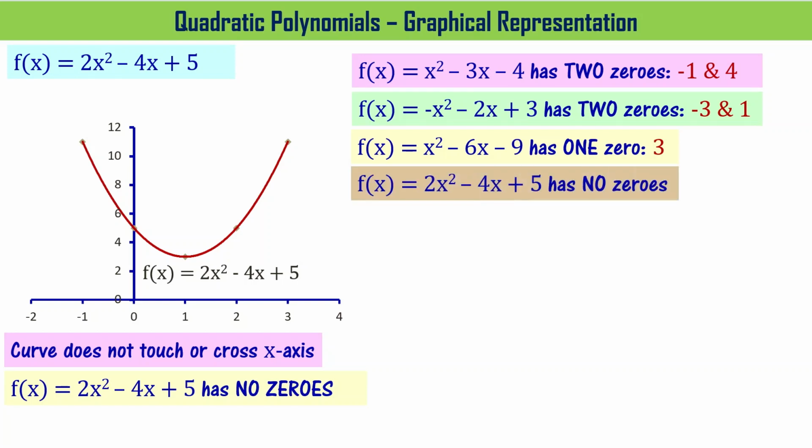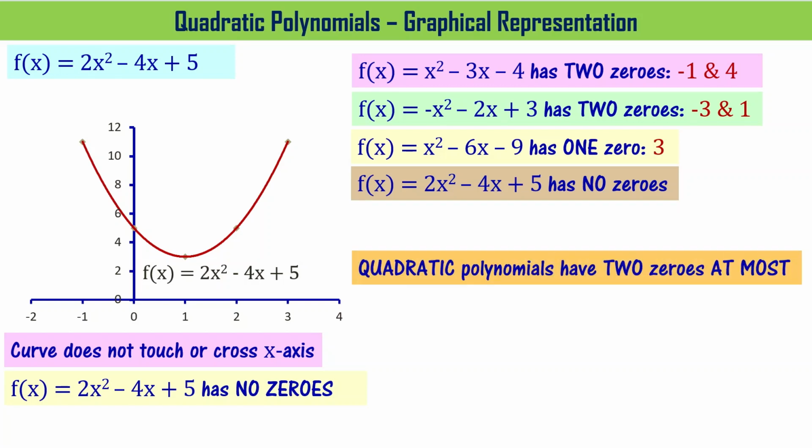And we have just seen that 2x square minus 4x plus 5 has no zeros, right? When you observe all these, what you can say is quadratic polynomials have two zeros at most. They can have no zeros. The quadratic polynomial can have only one zero, or at most it can have two zeros. Please take a note of this.